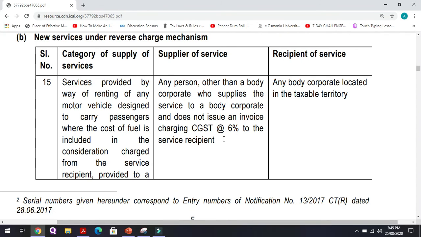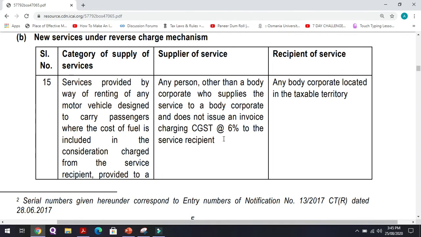If you just understand, here the supplier covers a person who is not a body corporate, who is providing services to a body corporate, and he is not issuing an invoice charging GST. But in the previous scenario, what was it? In the previous scenario, it says that a person other than a body corporate who is paying tax at the rate of 2.5%.